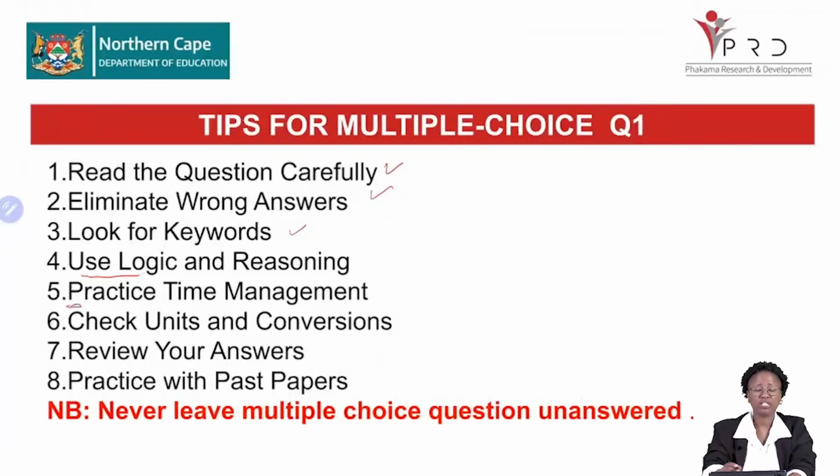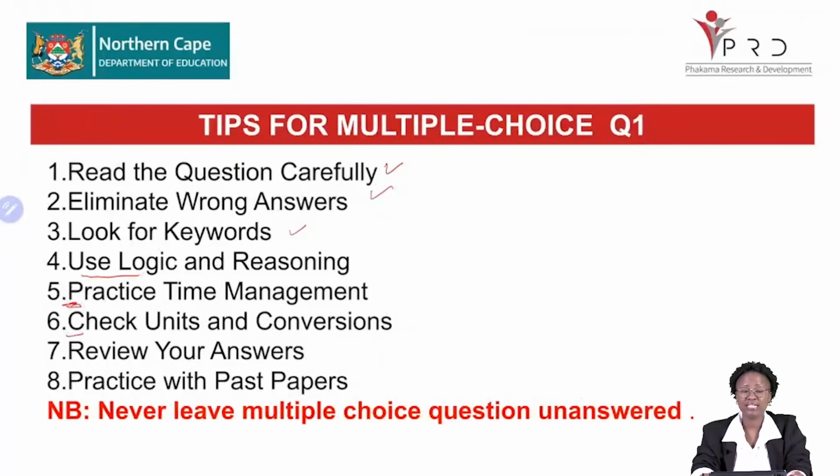The very important tip I want to give you is to make sure that you manage your time very effectively. Please do not waste time on questions that you are not familiar with or not sure of, all right? Make sure that you use a reasonable amount of time on each question. The next thing I want you to do is to look at SI units as well as conversions.